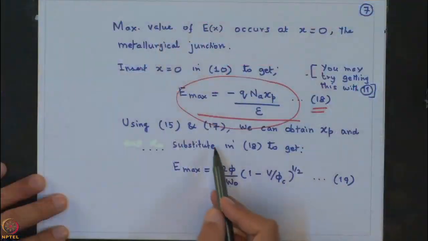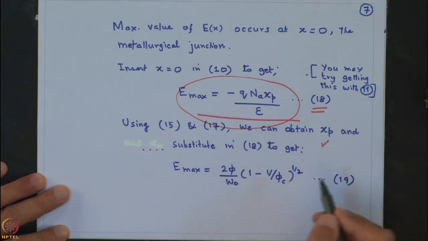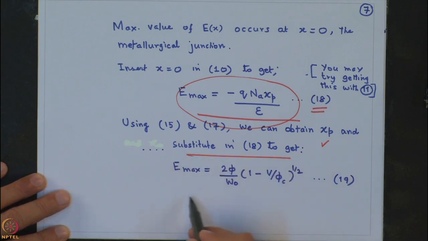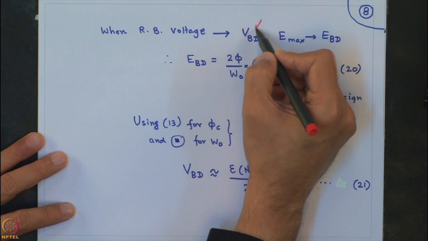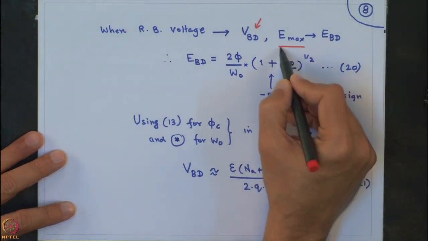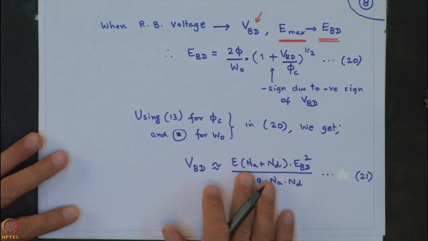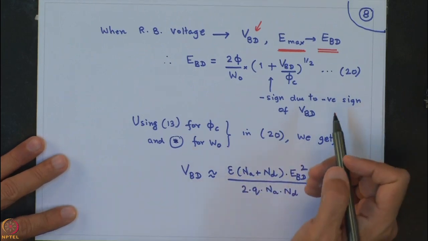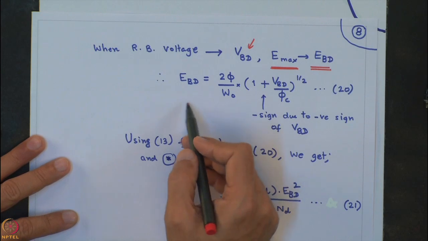By using 15 and 17, we can obtain the value of xp, and substitute in 18 to get this final value of E max. Now, when the reverse bias voltage becomes so large that it goes all the way to the breakdown voltage, at that time my maximum electric field also goes to the breakdown electric field value, and then I can get this final expression for the breakdown electric field.